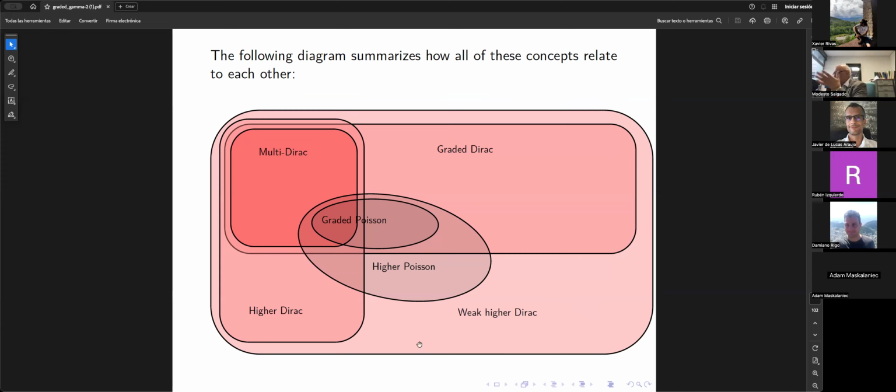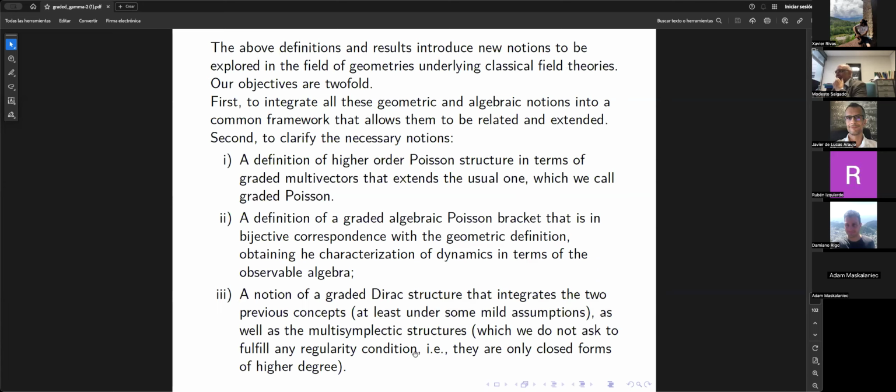So what is what? Okay, and so this is our proposal: how to put some order in all these definitions and to introduce clearer definitions. This means the following. We know how to extend the notion of symplectic form, symplectic structure. We have multisymplectic structure. Okay, this is new. But we had to extend the notion of Poisson structure. In this case, we don't need to use higher Poisson or any other word.